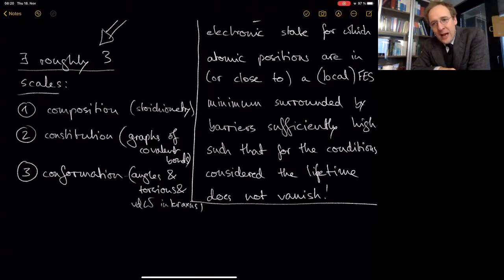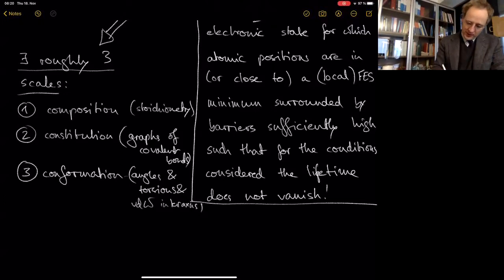That is roughly 300 kcal per mole, just as an order of magnitude. One hydrogen atom is roughly 300 kcal per mole.